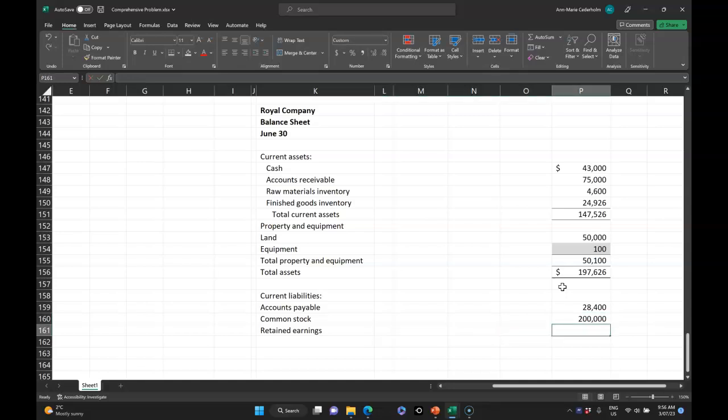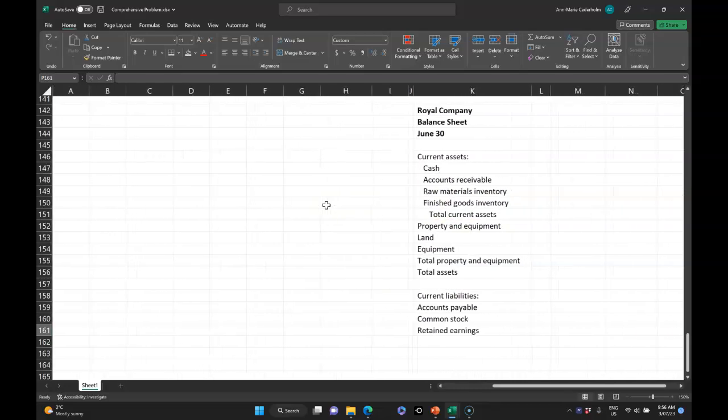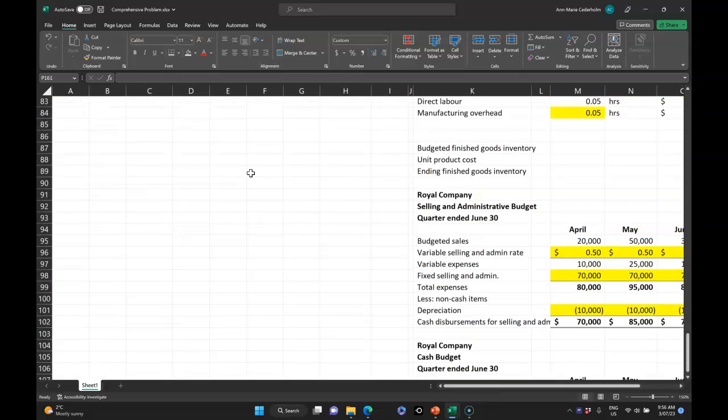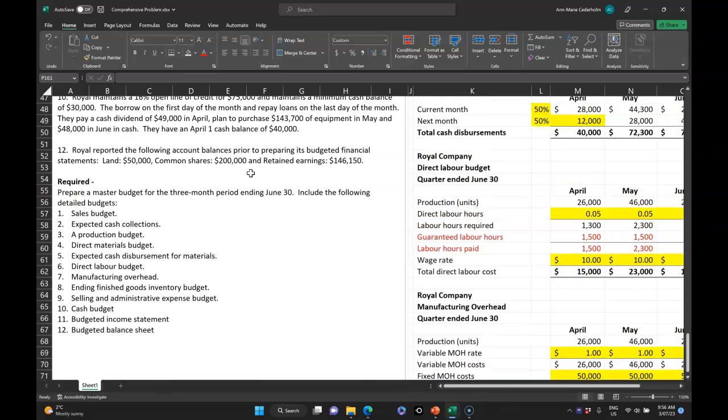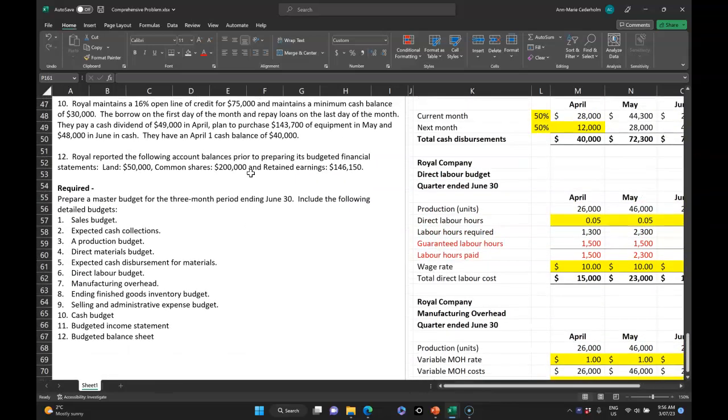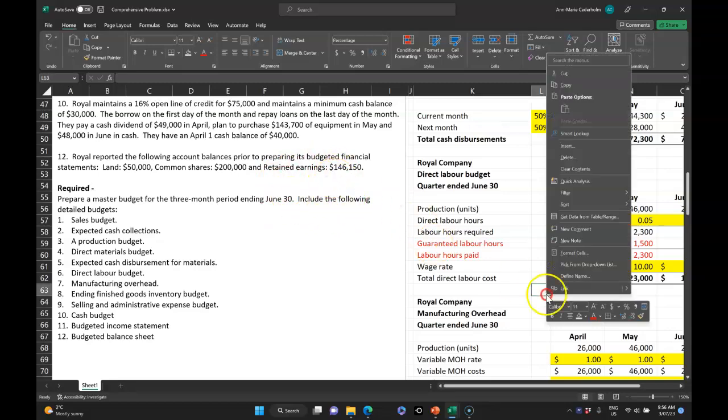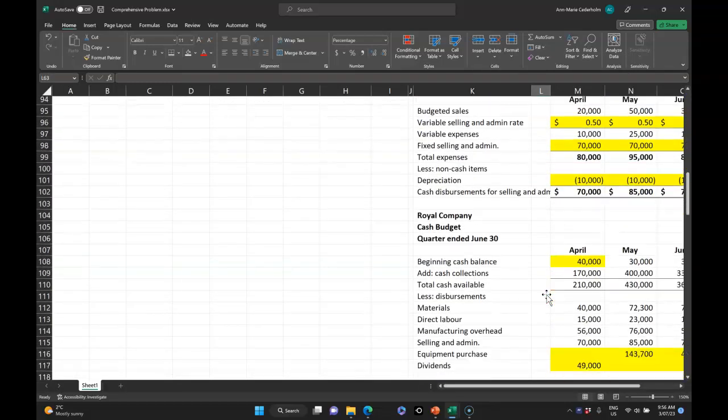And then my retained earnings, did they give me that amount? Let me just go check. So they told me that my opening retained earnings was 146,150.